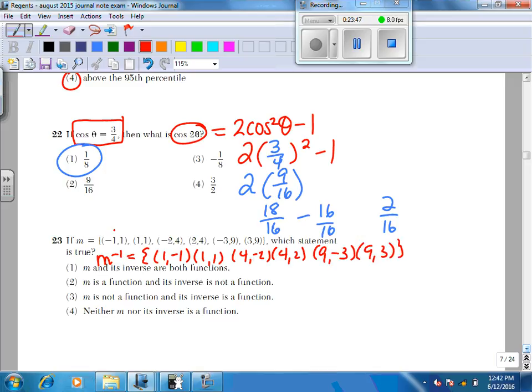Well, m, do we have any repeated x's? No, so m is a function. M and its inverse are both. M is a function. M is not a function. That's wrong. Neither are a function. That's wrong. So m is definitely a function. Is m inverse? Do we have any repeated x's there? Yeah, 1's repeat, 4's repeat, etc. So m is a function, but the inverse is not a function.